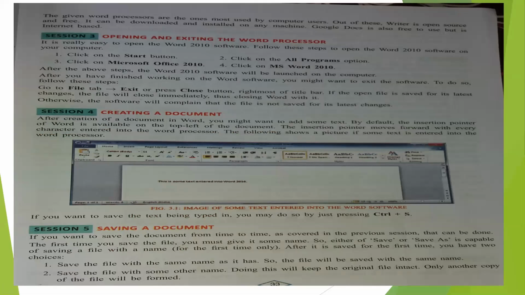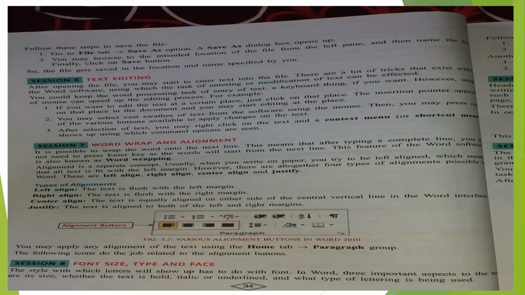Save means that by default the document will be saved in docx format. But if you want to change the file format of a particular digital document, then you can choose save as. Next is text editing.